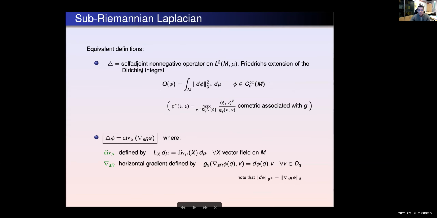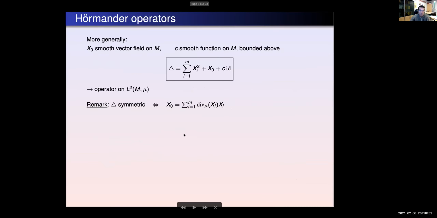For instance, you can also define delta as being the Friedrichs extension of the Dirichlet integral related to the cometric g*, or also another popular definition is the divergence of a gradient, except that here the gradient that you consider is not the usual Riemannian gradient, but the sub-Riemannian, also called horizontal gradient, which is defined from the sub-Riemannian metric, which is a degenerate metric. Okay, so these are equivalent definitions.